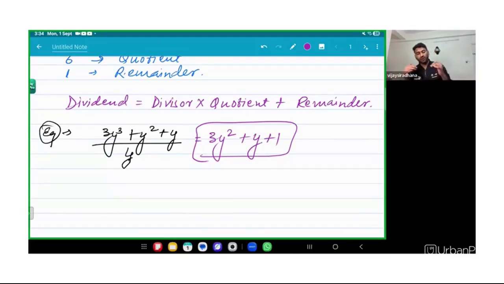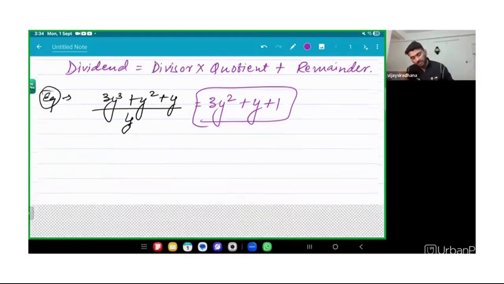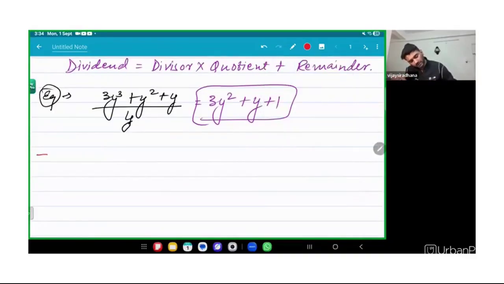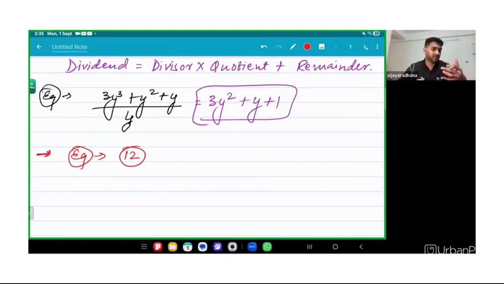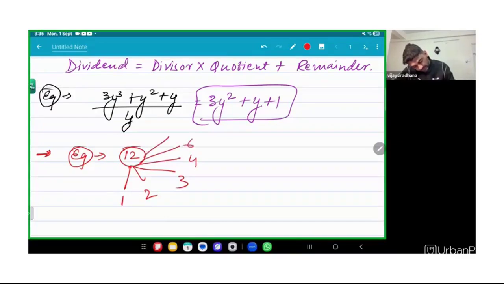So now we need to know what you mean by the factor and the multiple. Taking the example of 12, with which values can 12 be divided such that the remainder is 0? Dividing 12 by 1, which is always a factor, 2, 3, 4, 6, 12.